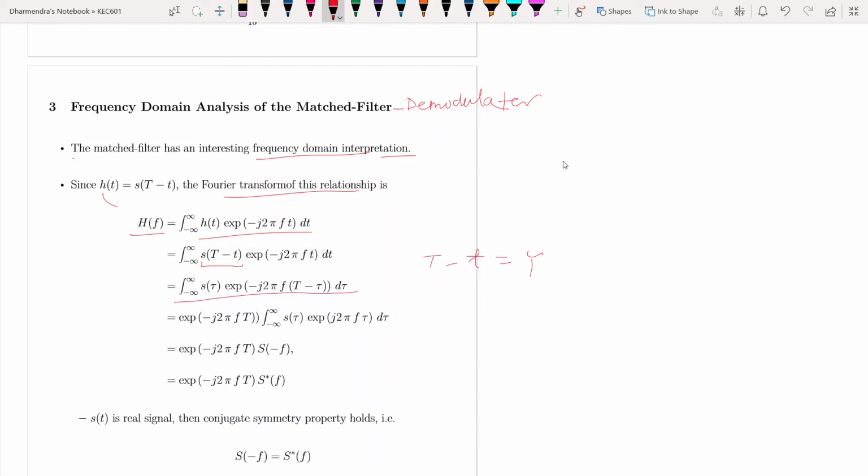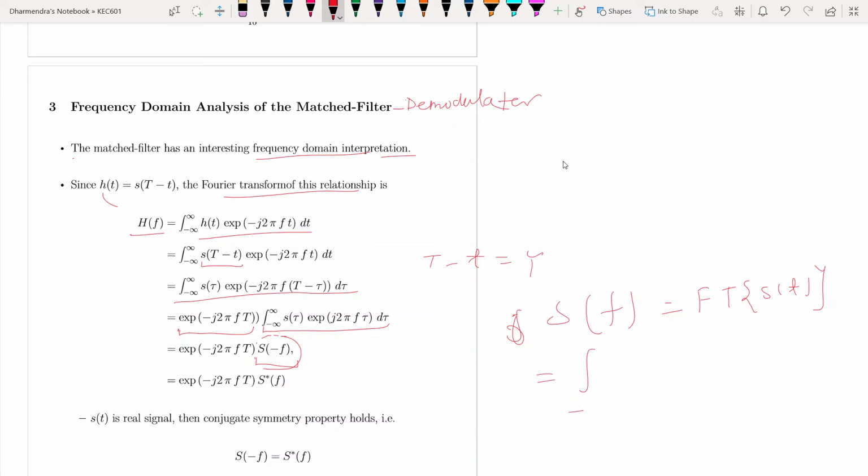After simplifying the exponential, I can write this outside the integral because it is independent of tau. And this will be equal to capital S of f, the Fourier transform of S of t.